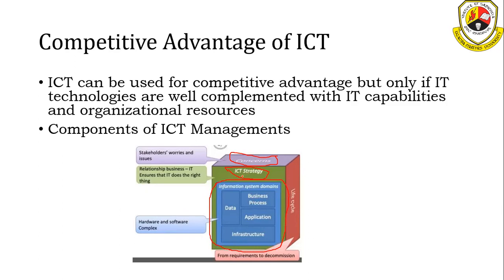This ICT strategy then addresses our information system domain. Now, within the information system domain, we would have understood our business processes, what business processes of each unit within the organization are of concern and need ICT support.